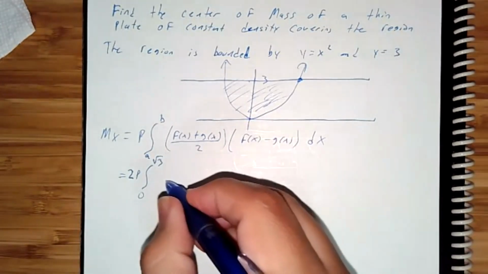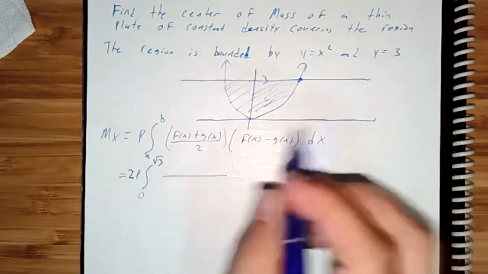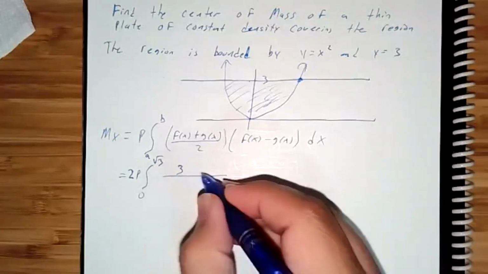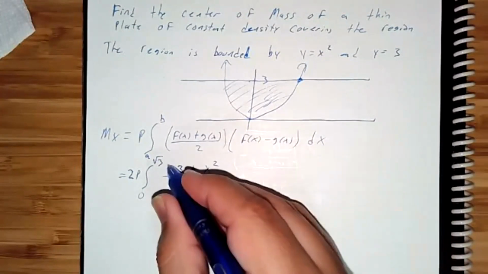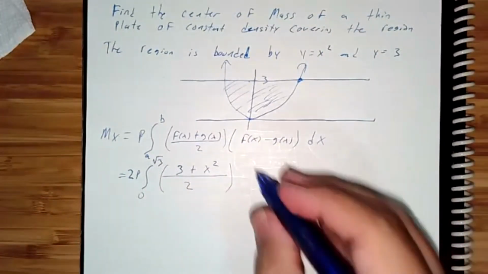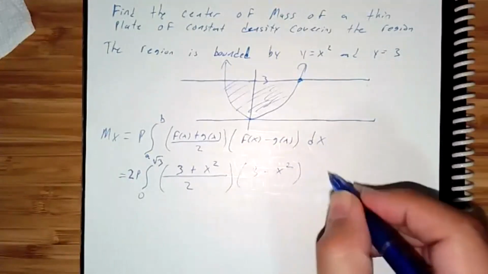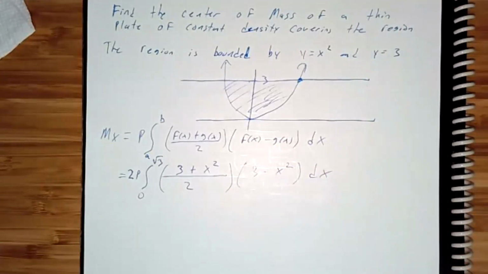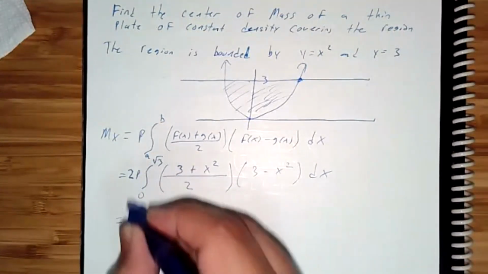So the top function is going to be 3 plus the parabola over 2, and 3 minus the parabola here. All right, so these twos are going to cancel.